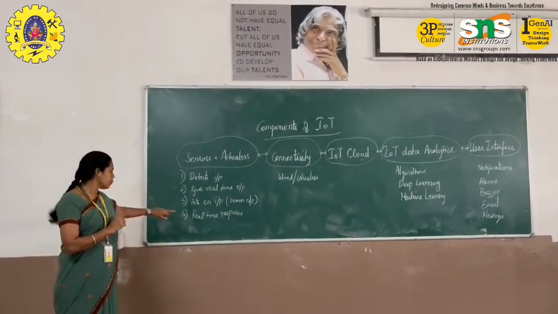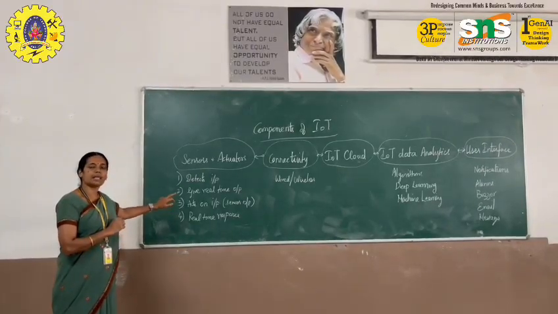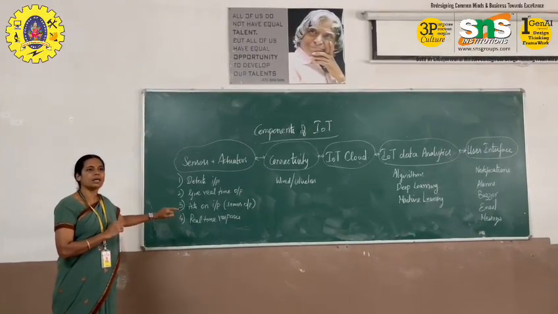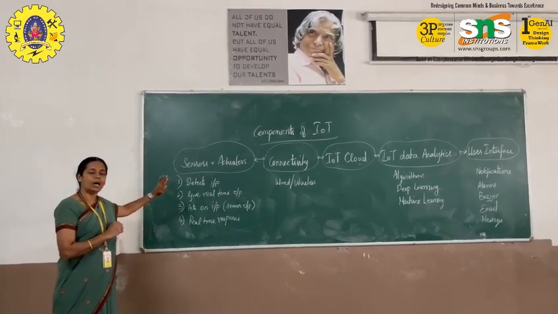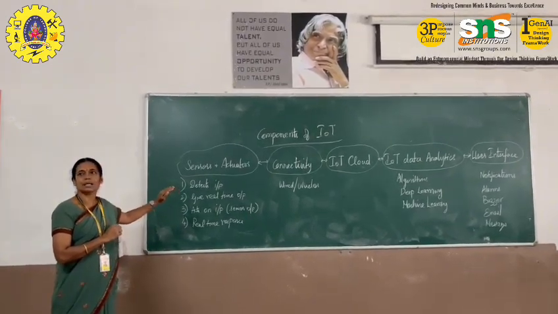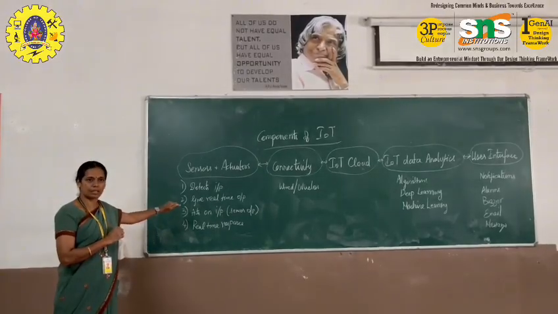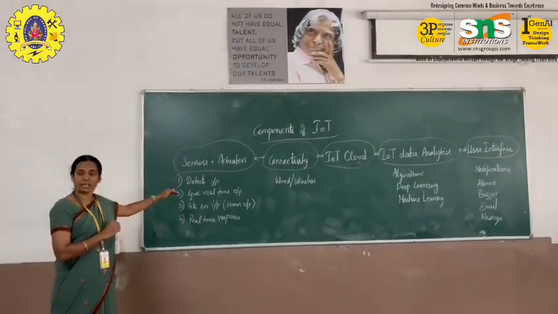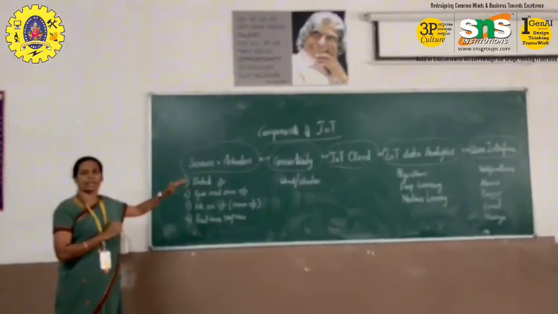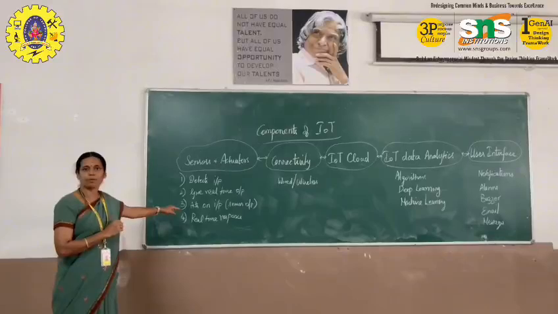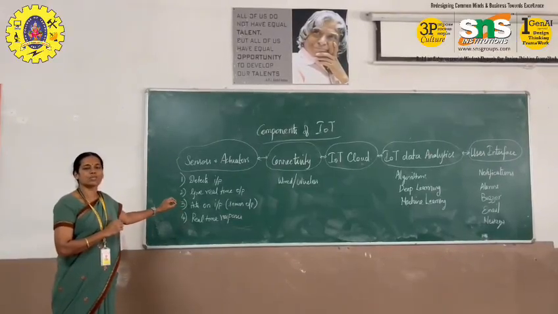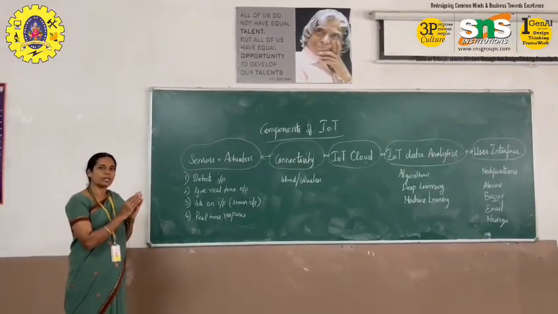The sensed output is the input to the actuator, and the actuator in turn gives the real-time response. The sensor senses the physical input from the environment and converts it into an electrical signal.